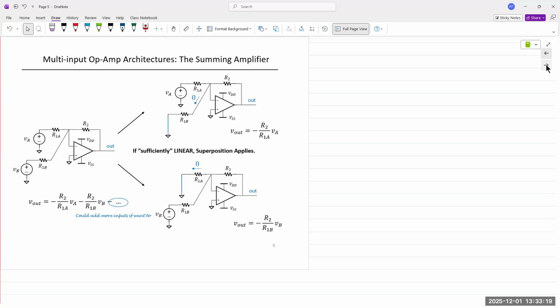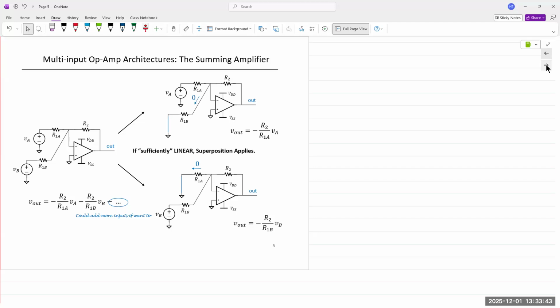As the name suggests, it amplifies the difference between the two input terminals. And that's it. Those are the two amplifier circuits. Did you all do these kinds of circuits in the lab? Summing or difference? Okay.